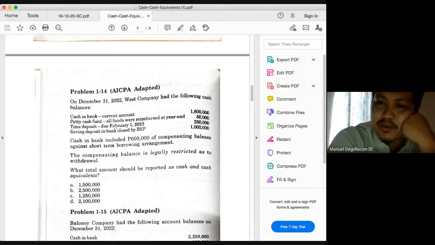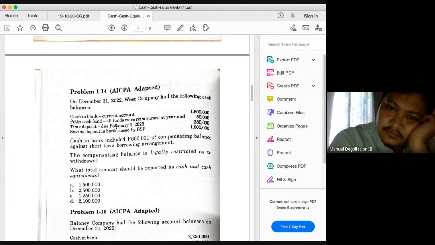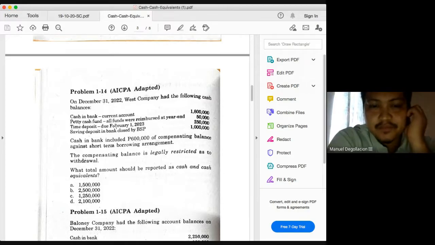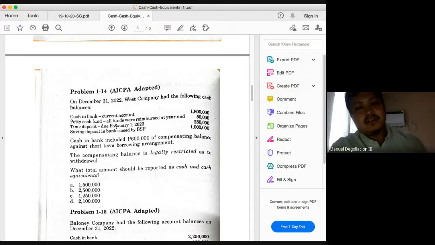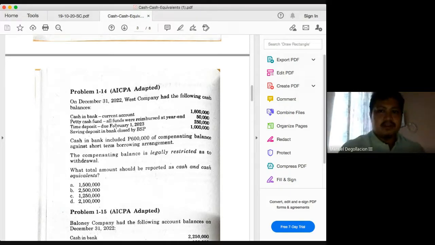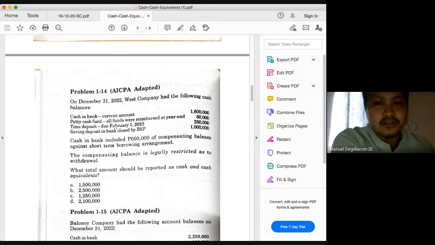So you will have 1,200,000 plus 50, then you add the 250. You will have a total of 1,500,000. Is my total correct? That's 1,200,000 plus 300. Yes, sir.